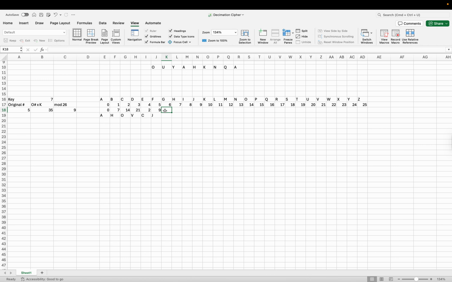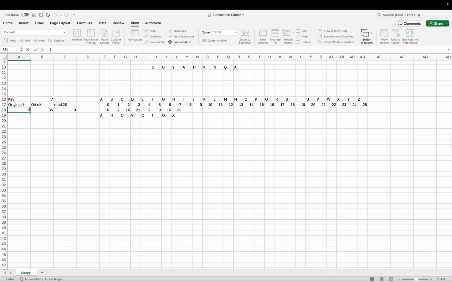So we could take a shortcut here. 7 more than 9 is 16. 16, that would be Q. 7 more than 16 is 23. 23, that is X. Anything above this, we're going to go past the 25 mark.